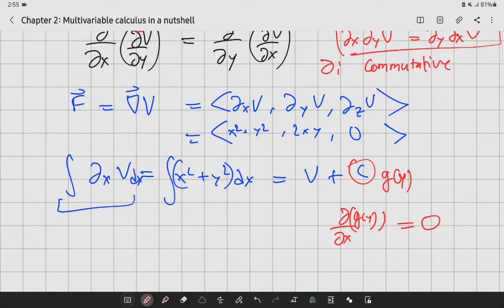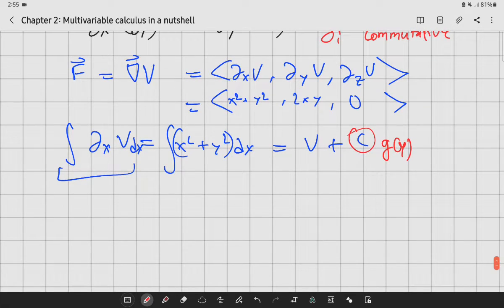You remember the story about the bear and e raised to x. The bear gets you at the end if you don't take care of these details. That c is not just a number, it can be a function of y. Okay, let's do this integral. Integral of x squared is x cubed over 3. Integral of y squared dx, y squared is treated as constant, so I'll get an x from here, right? So I'll have y squared x plus g of y.